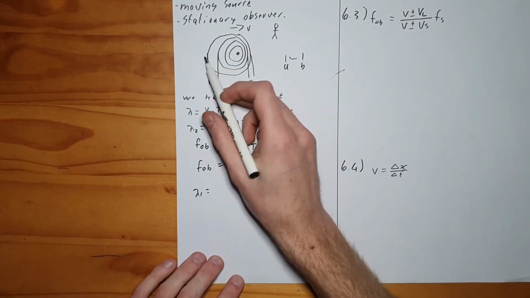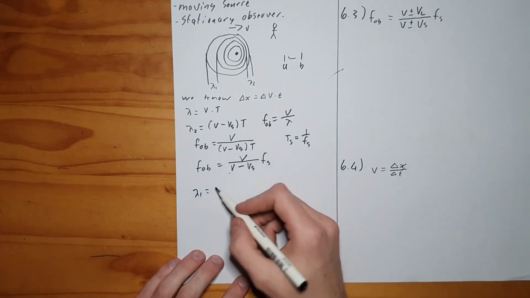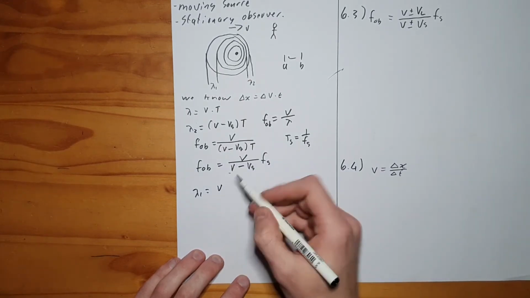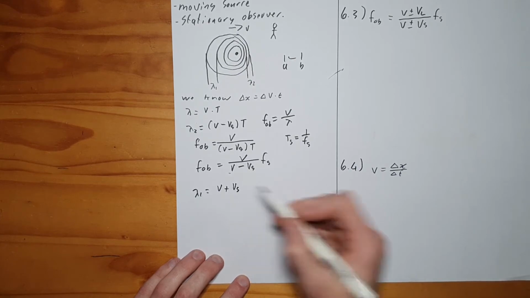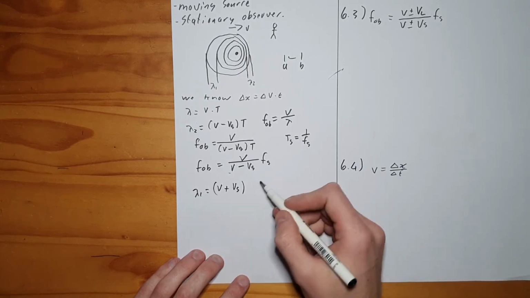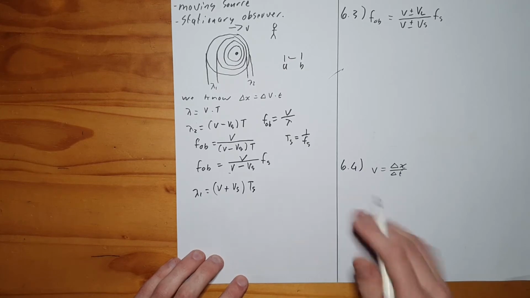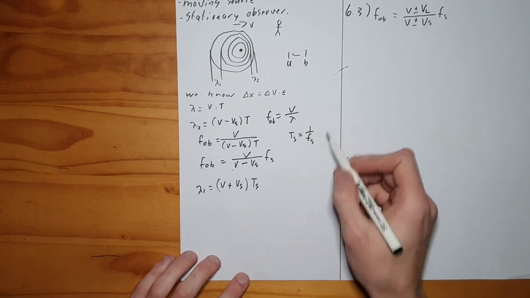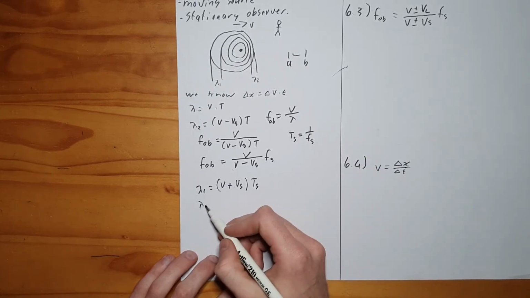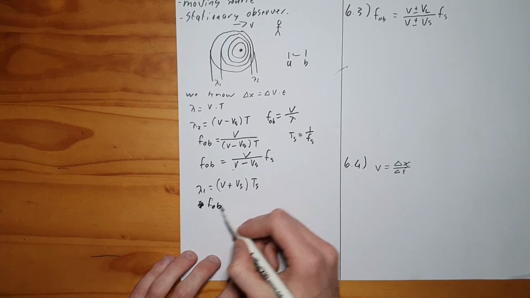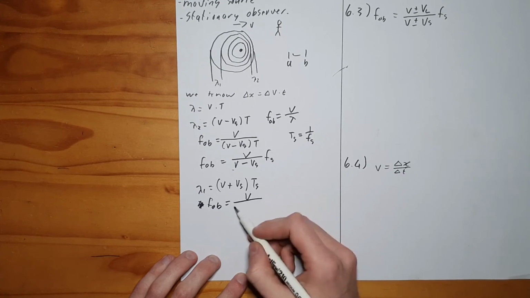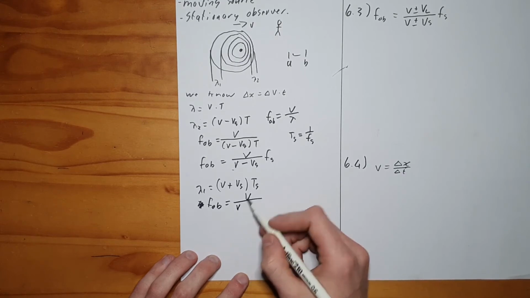So we're going to have a larger wavelength. Therefore, again, we shall have the v in air plus the change or the velocity of the source, and that's going to be times the period of the source. Then we do the exact same thing over here. We'll have the frequency of the observer equal to the velocity over the change in lambda.